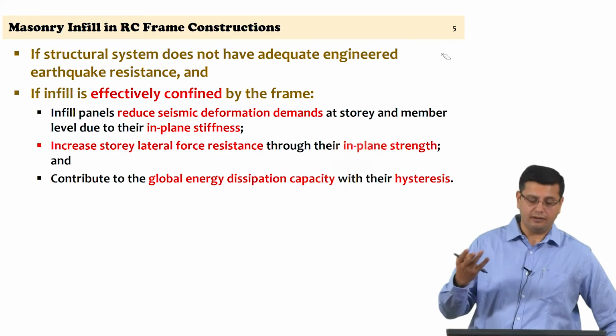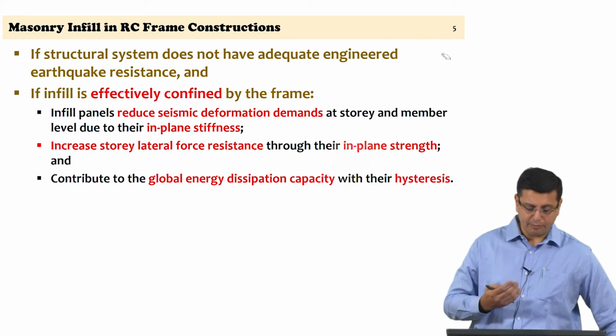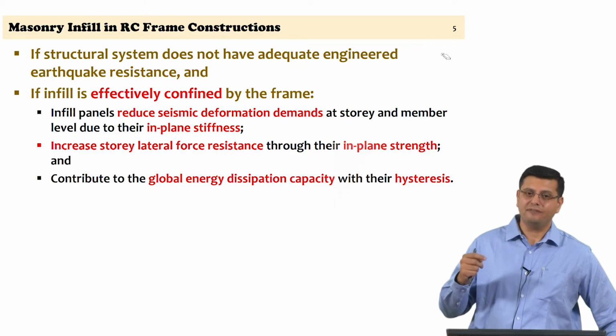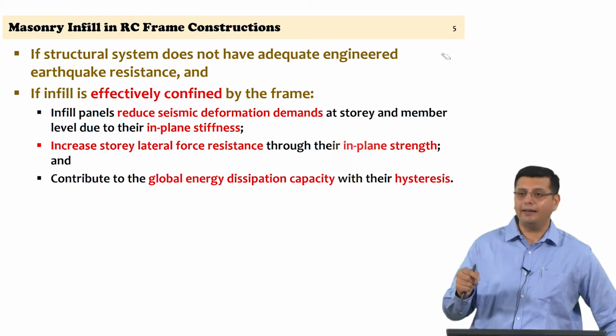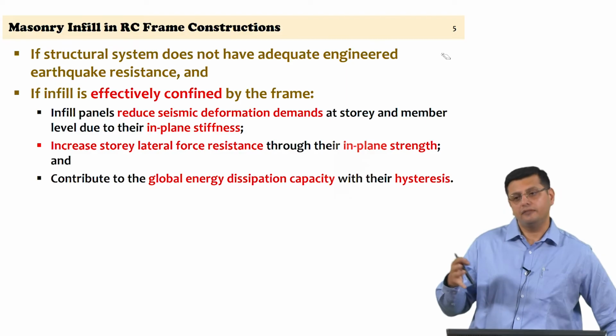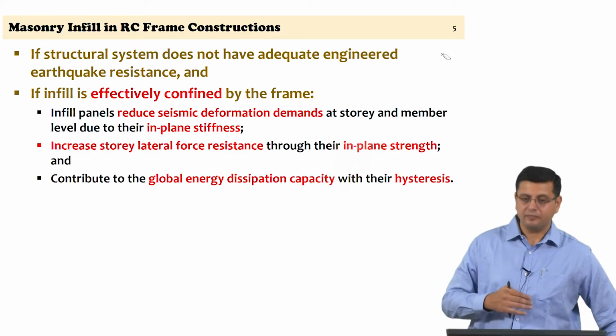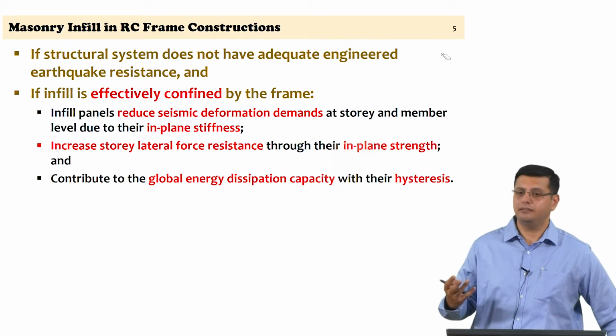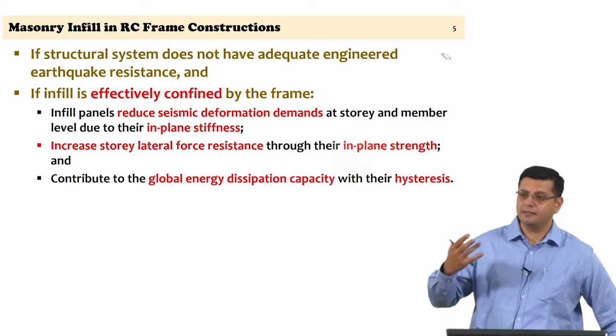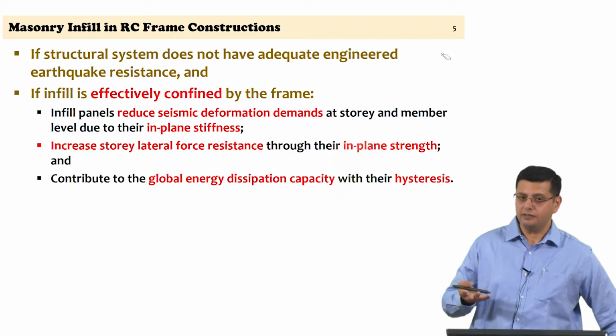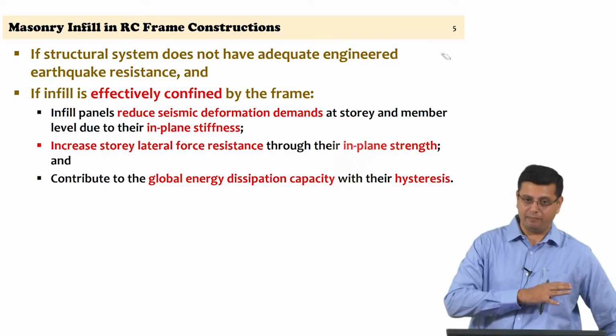It could be fly ash bricks or any other type of unit. Now, if the strength of the panel is significantly low and workmanship is poor, then the panel starts getting damaged and participates in global energy dissipation, and in a way will start protecting the frame.